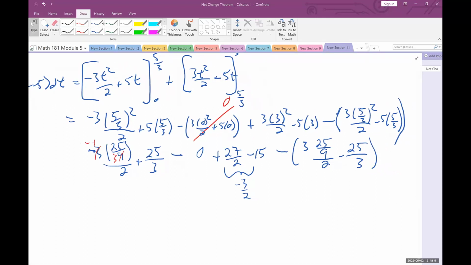Okay, so what I'm seeing from that is negative 25 over 6 plus 25 over 3. Then we have plus this negative 3/2. Then the 3 reduces with the 9 there, makes that a 3. So we have minus 25 over 6 again, and then plus 25 over 3.